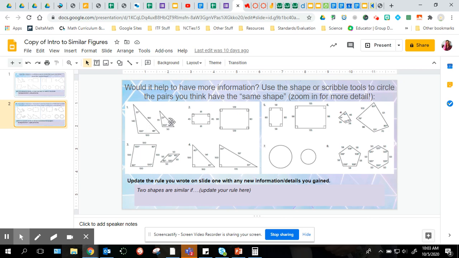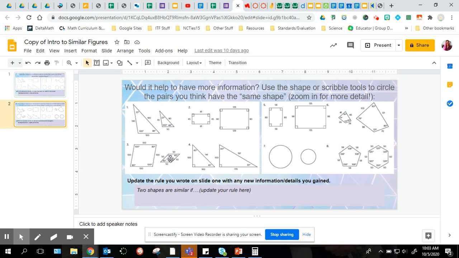And if I look at the lengths of the sides, so like 180, 90, 140, 70, 150, they're not the same, but each side has been divided by 2. So 180 divided by 2 is 90. 140 divided by 2 is 70. 100 divided by 2 is 50. So the side lengths are proportional to one another.